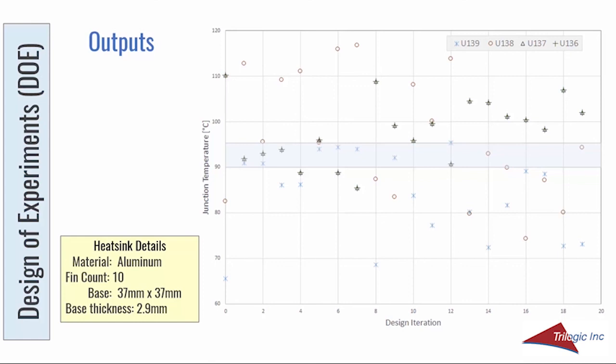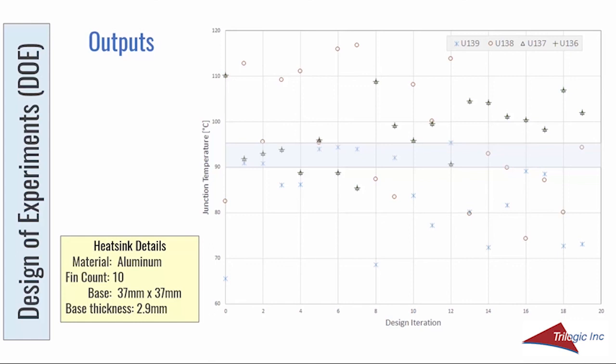So the next step in the process was to use Command Center's Response Surface Optimization, or RSO. After doing the design of experiments, I set up some design goals. One was to minimize the difference between the operating temperatures of the components, and I also used an output constraint so that no component operating temperature would exceed 95 degrees C. The response surface optimization is a mathematical calculation performed by Command Center, and it takes about 20 seconds in this case.